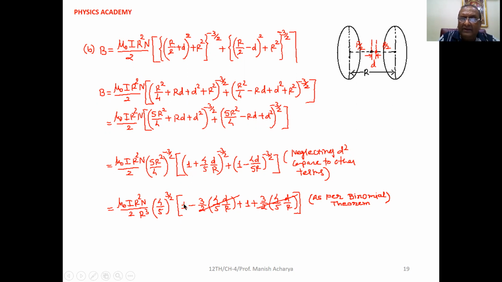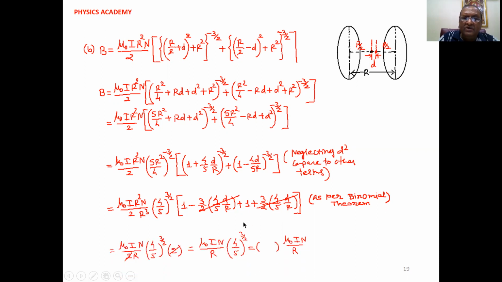So 1 minus 3 by 2 into 4d upon 5R, plus 1 and minus 3 by 2, so plus 3 by 2 into 4d upon 5R. So see here, minus 3 by 2 times 4d upon 5R and plus 3 by 2 times 4d upon 5R, these two will be cancelled. And this 1 plus 1, that will be 2.